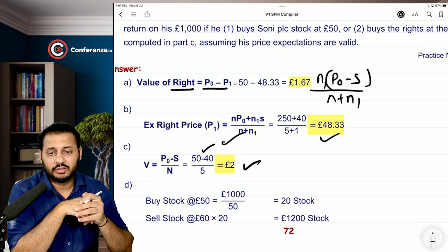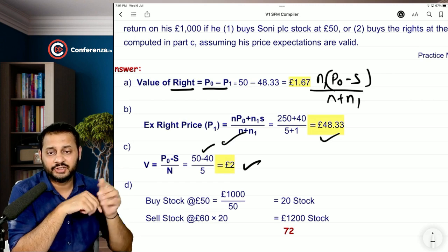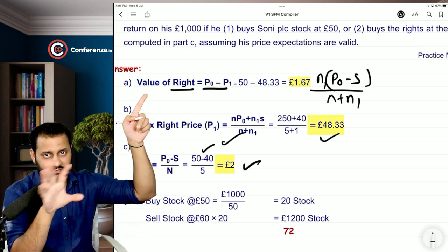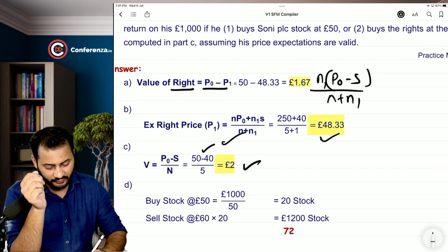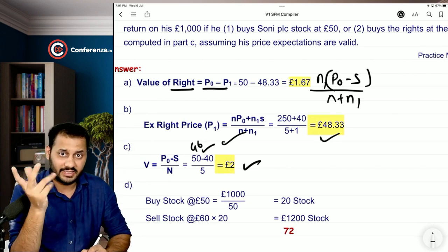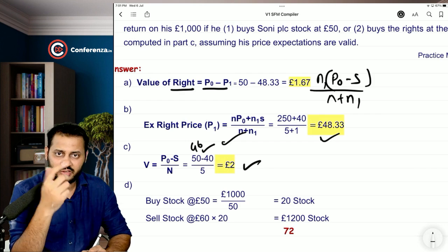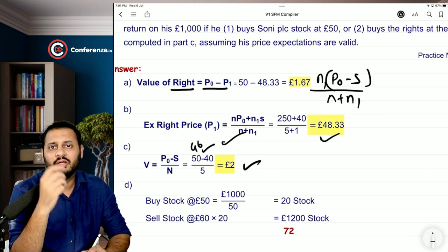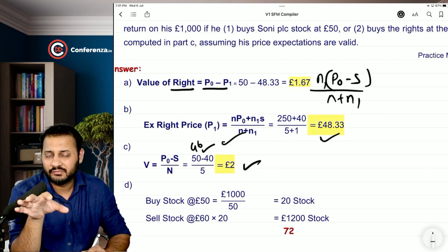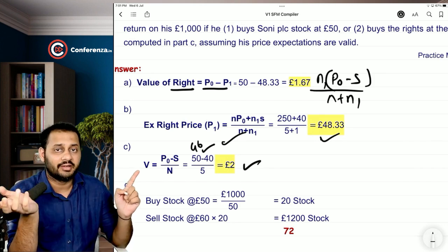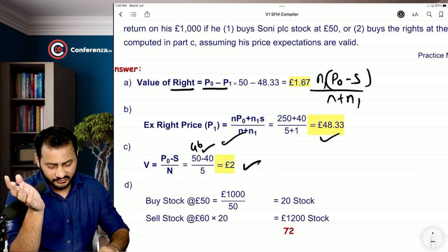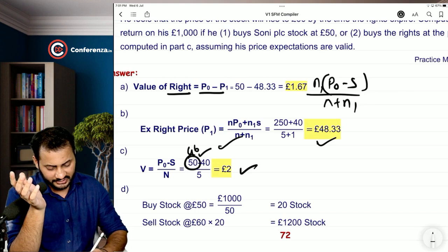Technically it should have been lesser than 1.67, because this 50 would have gone down to, let's say, 46 practically, and 46 minus 40 is 6 rupees divided by 5, 1.2 would have been the value of right practically. But let it be this 50, please, ladies and gentlemen.